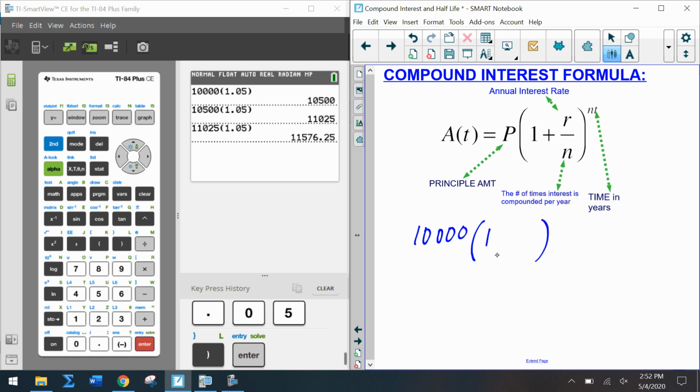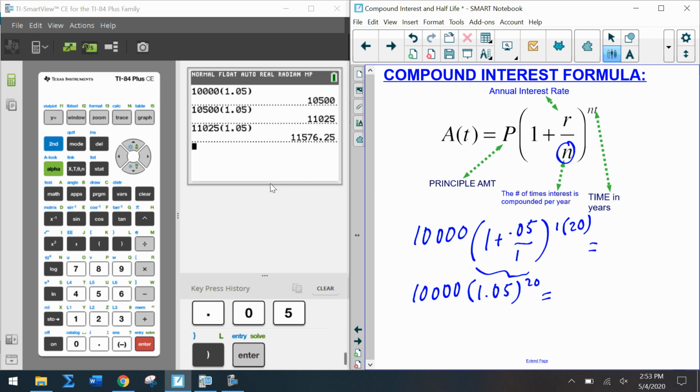So let's explore. If we plug all that we know in the calculator, we know we have 20 years. And we know that the piece in the middle ends up being 1.05 to the 20th. This is a simpler example because we're compounding yearly, once a year.